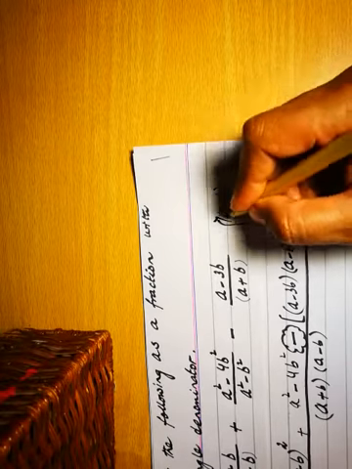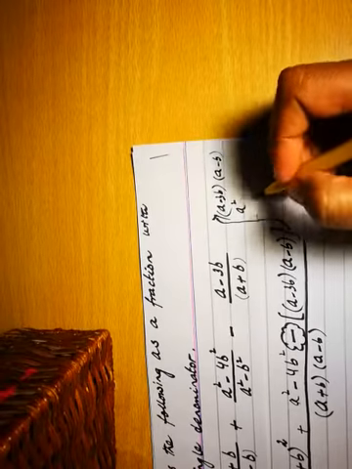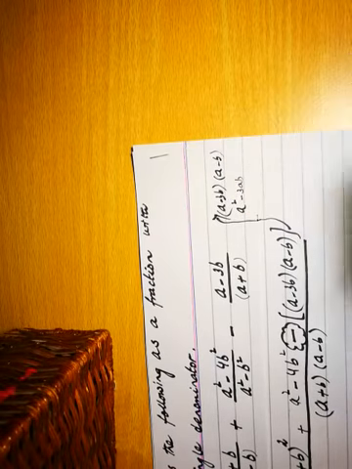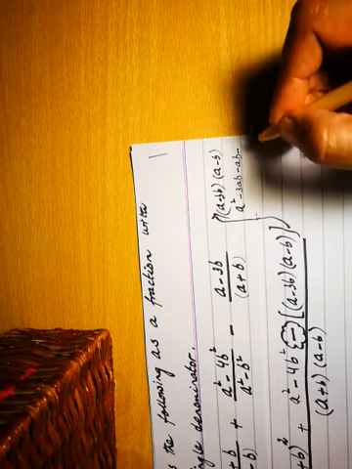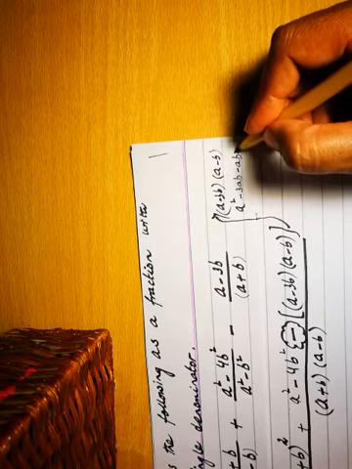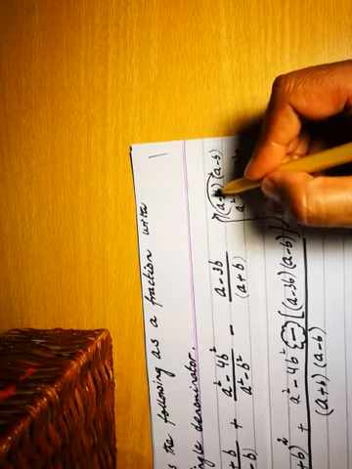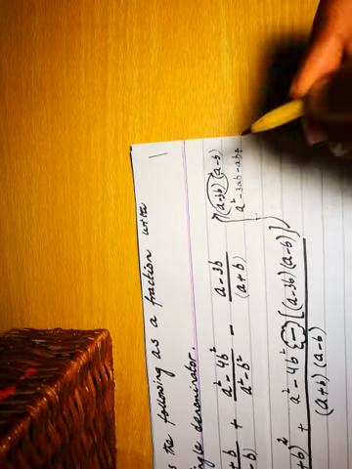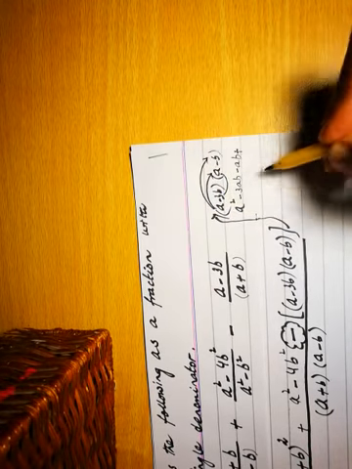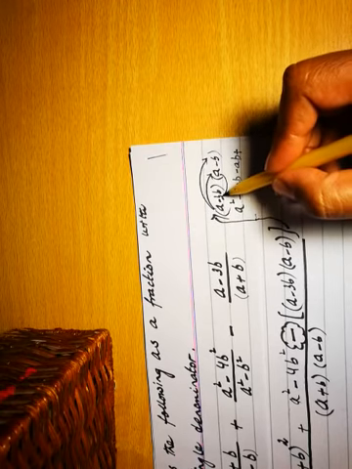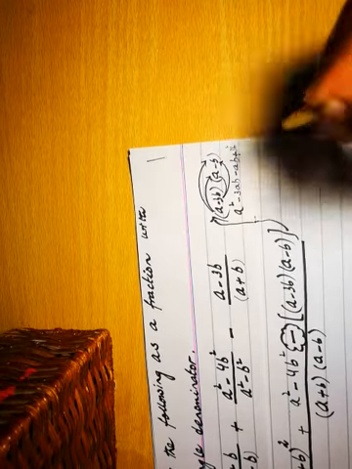A minus 3b and a minus b will give you a square minus 3ab minus ab plus, actually, because a times a has given you a square, a times minus 3b has given you minus 3ab, a times minus b has given you minus ab, and minus 3b times minus b will give you positive 3b square.